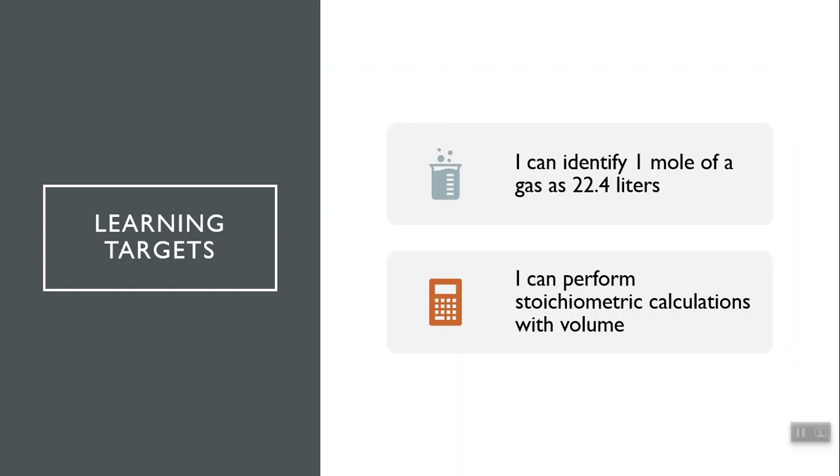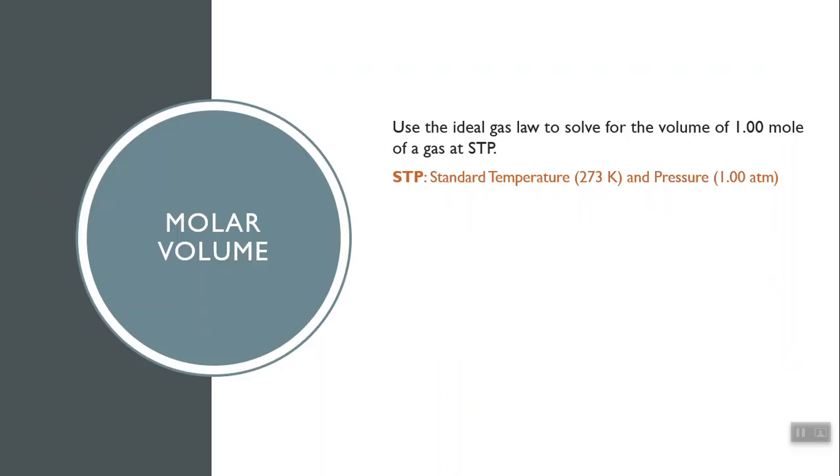So what I want you to do first is, using the ideal gas law, solve for the volume of 1 mole of a gas at STP. And STP stands for standard temperature and standard pressure. If you remember from our previous videos and notes, standard temperature is 273 Kelvin and standard pressure is 1.00 atmospheres.